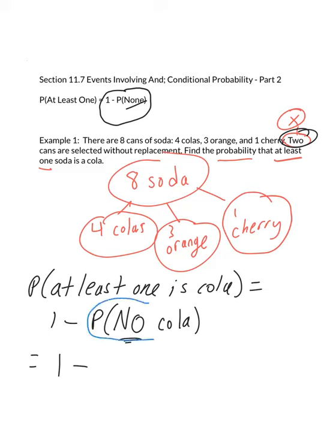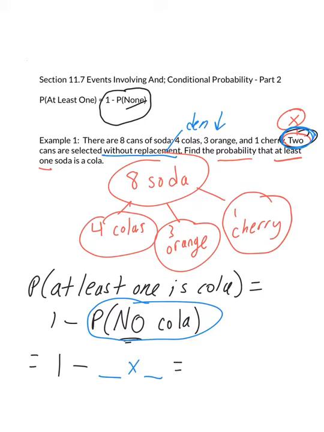The probability of no colas is going to involve multiplication every time because we're drawing 2 or more, in this case 2 cans. It's without replacement, so the denominator will go down. I'll put "den" and a down arrow. I'm going to draw 2 underlines with a multiplication symbol there, and I'll put an equal symbol after.